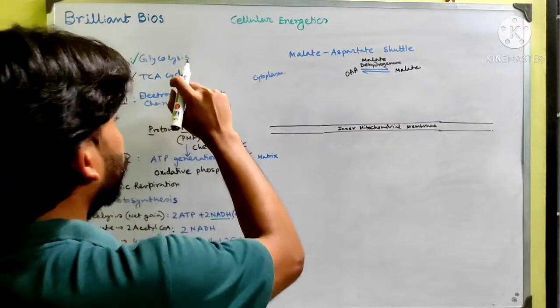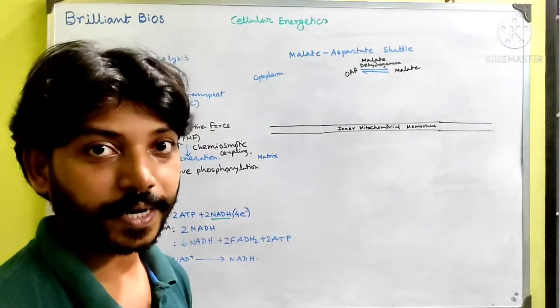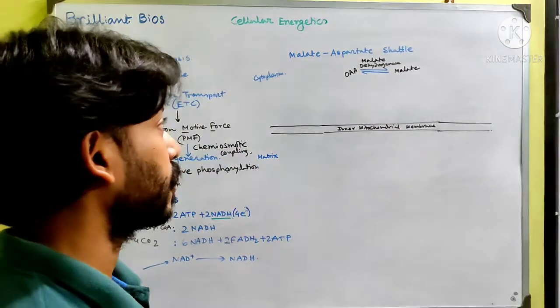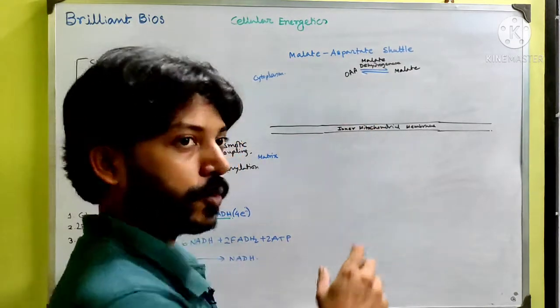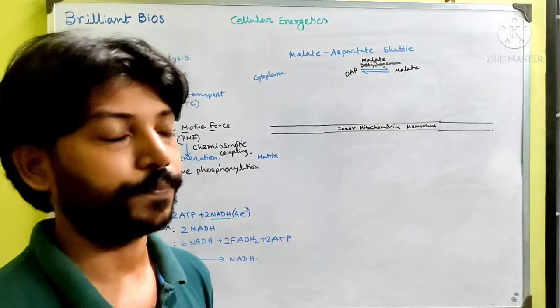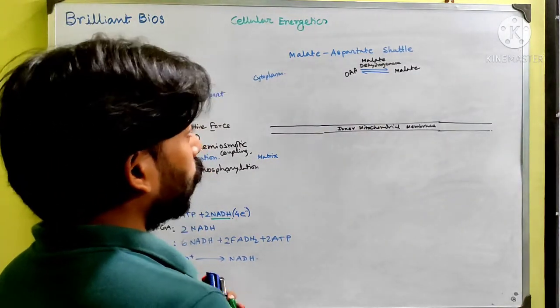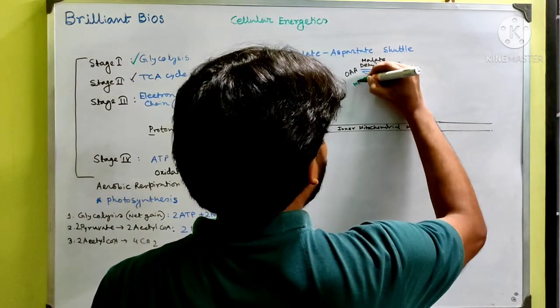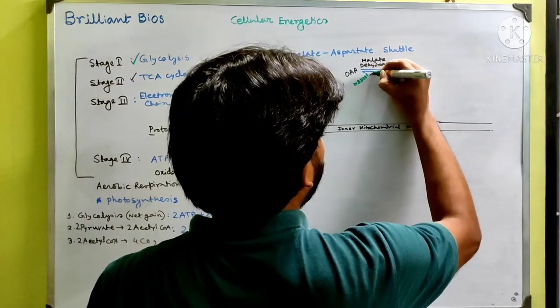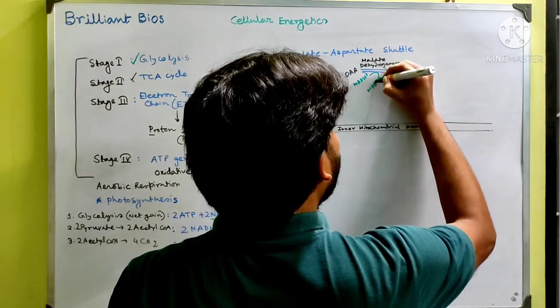In my TCA cycle lecture, I have already discussed how malate and oxaloacetate can be reversibly converted. Wherever you find the name dehydrogenase, that means it can exchange hydrogen. So what happens here? One NADH molecule is oxidized to NAD plus.